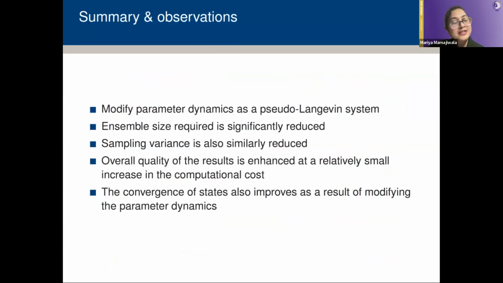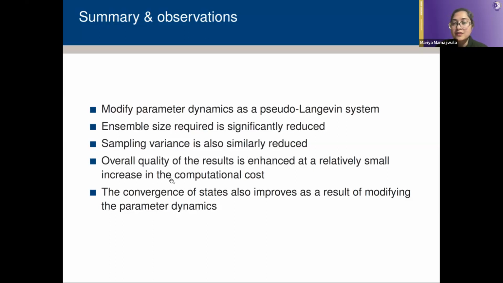Right, so to quickly summarize, what we did was modify the parameter dynamics to introduce a drift, which utilizes information from the observation data, from the process dynamics, from the measurement dynamics. And we observed that the ensemble size required is reduced, and so is the sampling variance, which is sort of more robust.